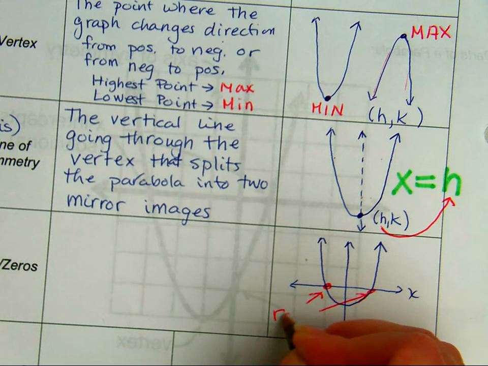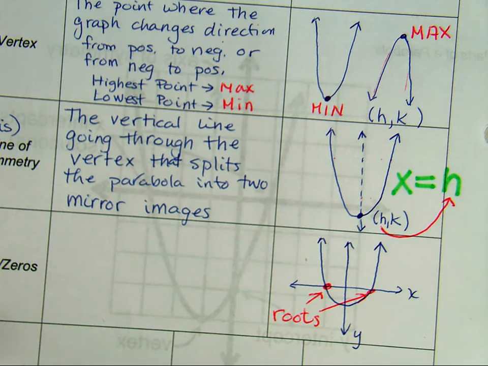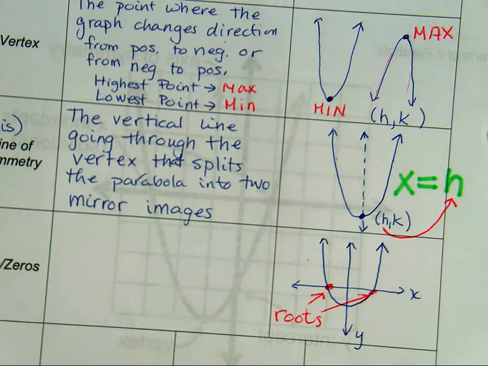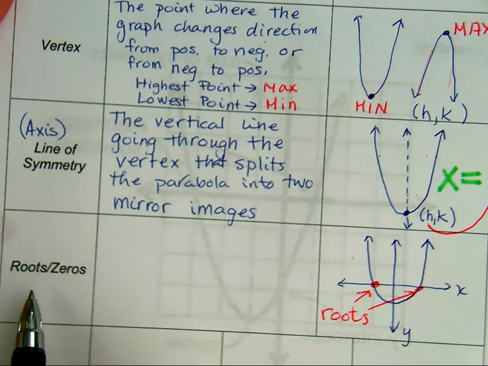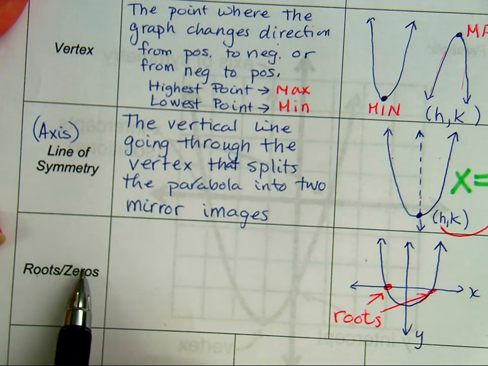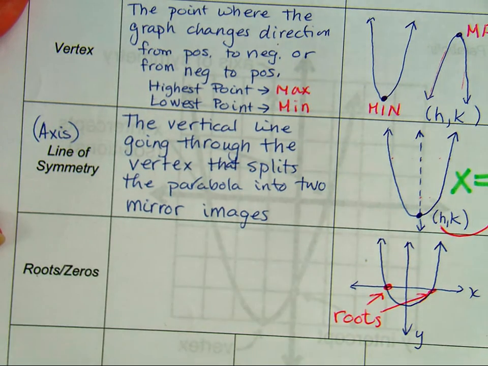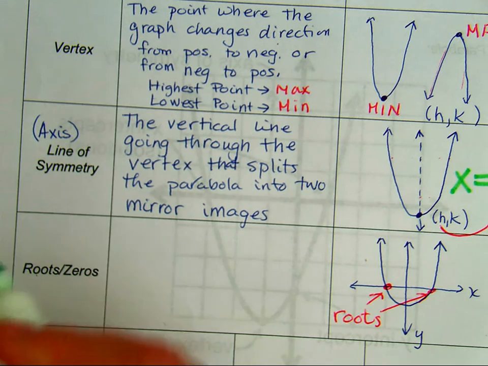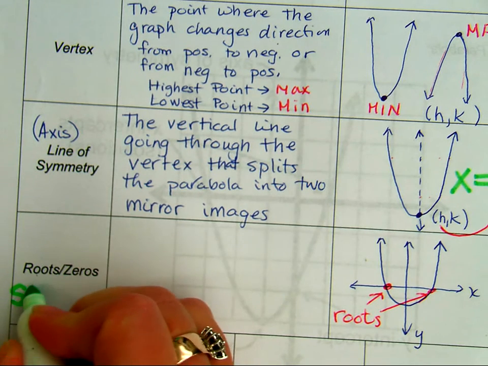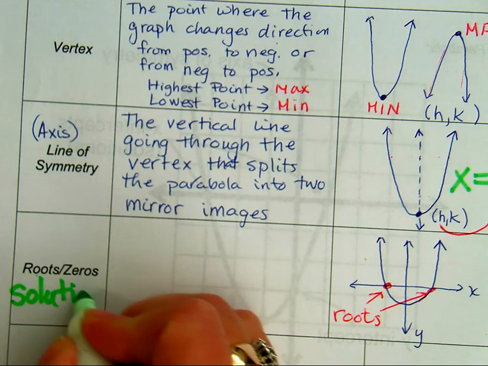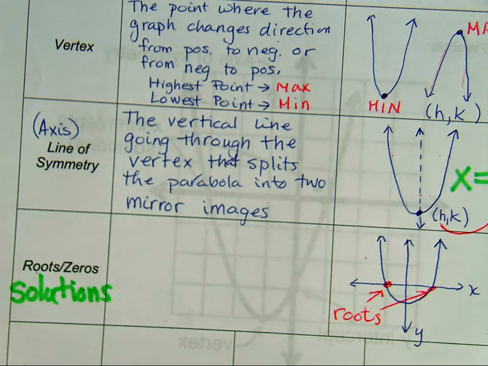Now the calculator that we use calls them roots, so we'll make that our main word. But if you're taking any of those state exams or my exam, be prepared for them to call it roots, zeros, and solutions. When we solve quadratics, this is what we're looking for, these points.